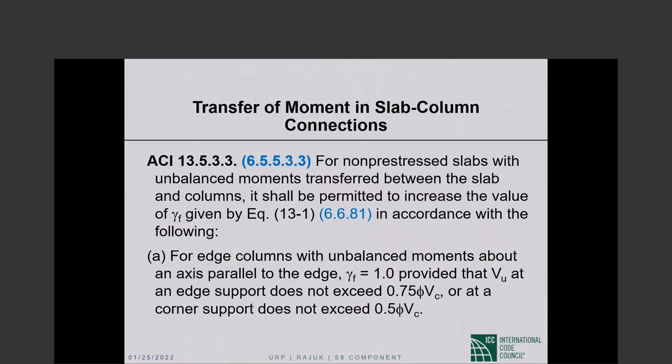So this is the part that I emphasized yesterday that Jacob Grossman brought into the code, some flexibility. So at the edge column, if we have a gamma sub f of 0.6 because we have a square column, that 0.6 can be increased all the way up to 1.